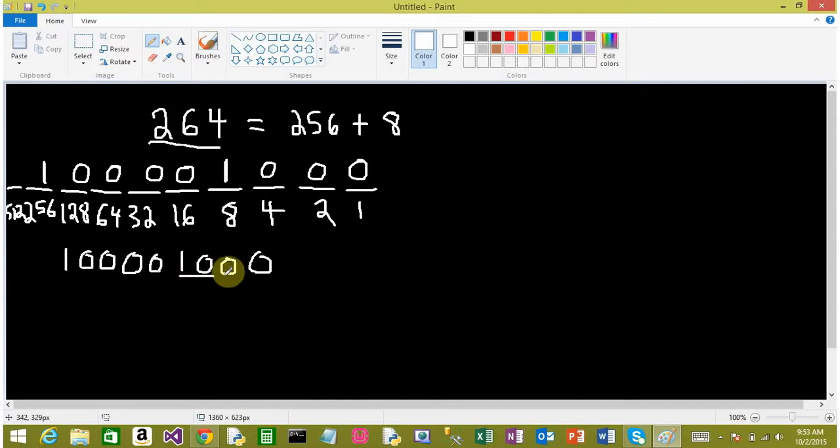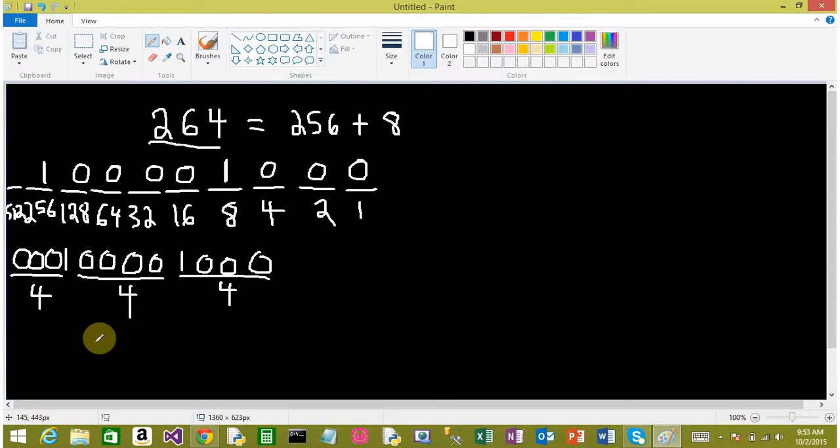We have 4 bits here. We have 4 bits here. And we have to include this 1 here. So the way we can create that is just to include some leading zeros. 3 leading zeros here. And that'll create our third nibble.